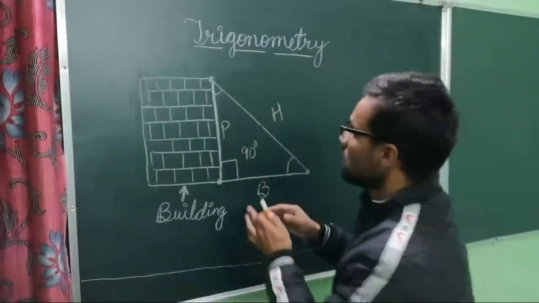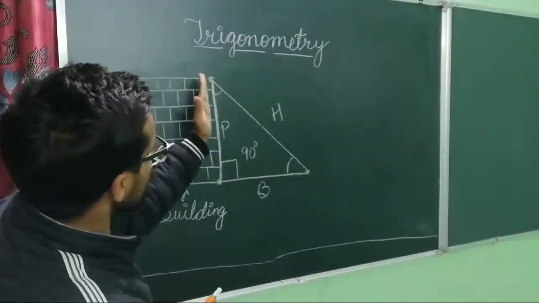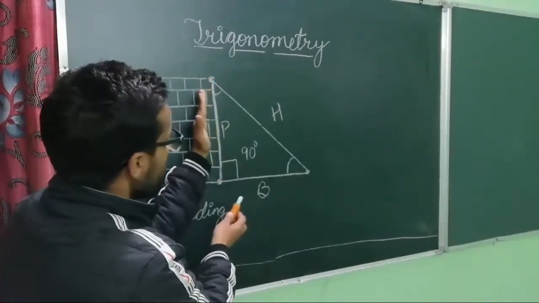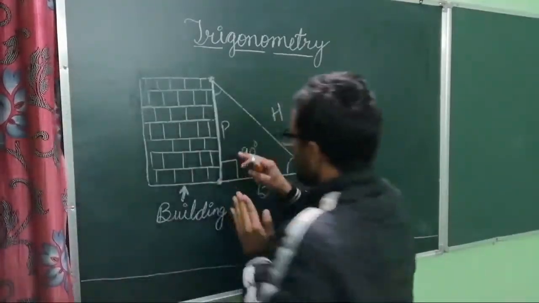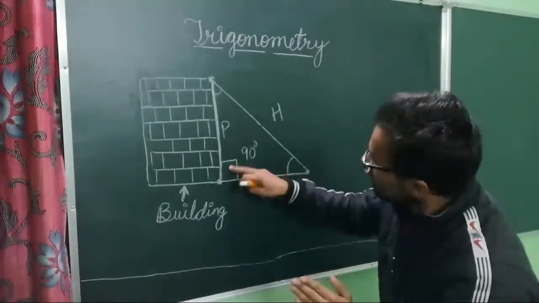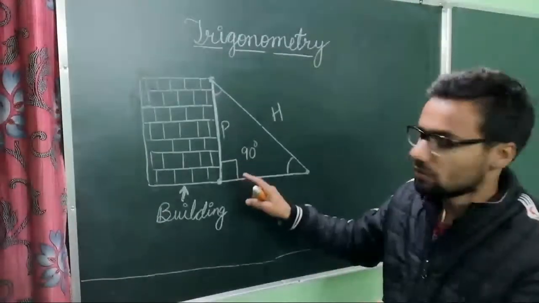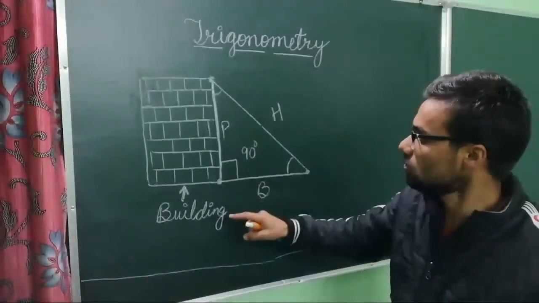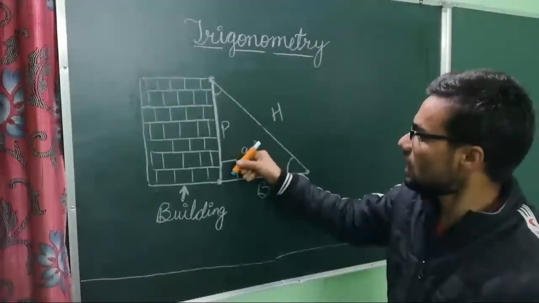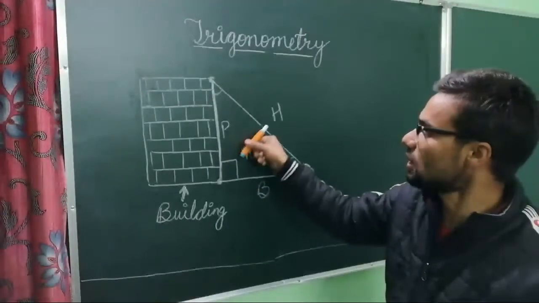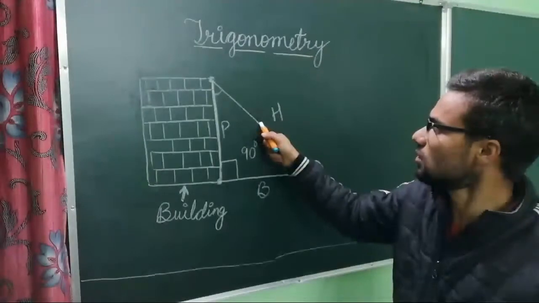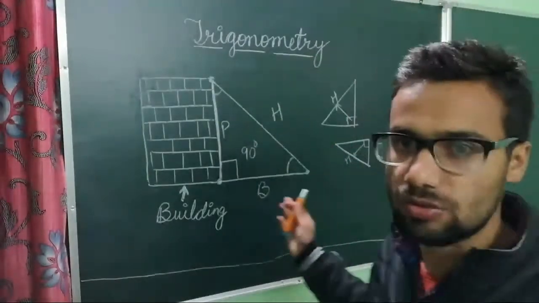Because if you are here, then this side becomes the base and this side becomes the perpendicular, and this remains the same because I already told you this side is opposite to the right angle. Whenever any side is in front of, or opposite to, the right angle, that side is always called the hypotenuse. So I hope you understand this concept very well.